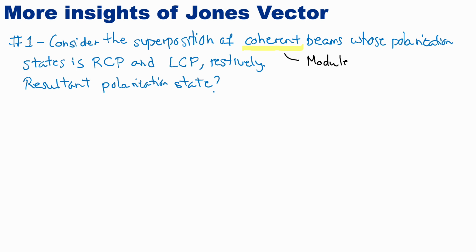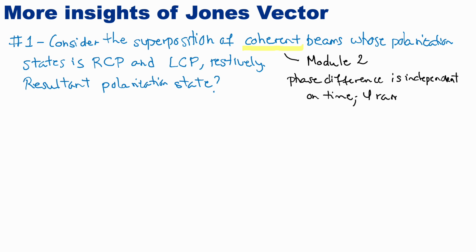So this is going back to module 2. But coherent means that the phase difference is independent of the time, so that means that the phase difference remains invariant or remains constant.